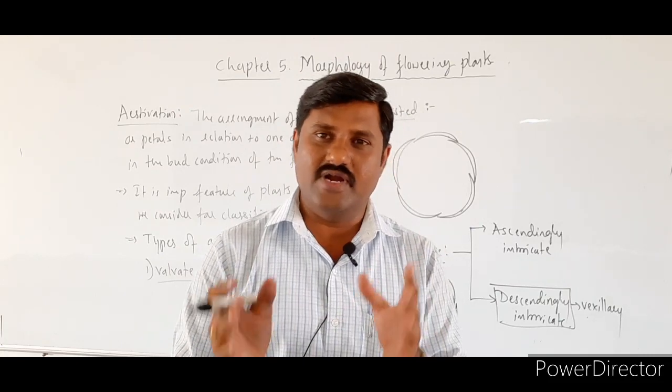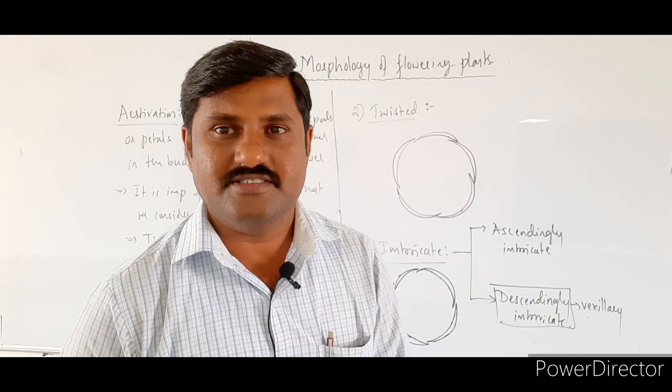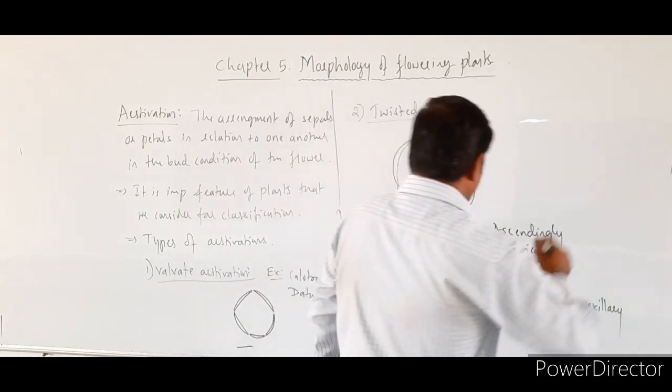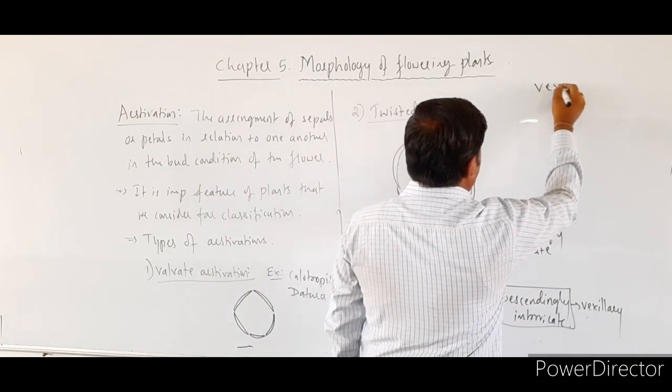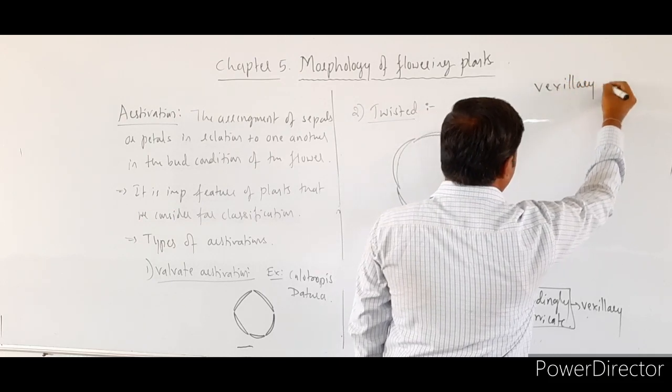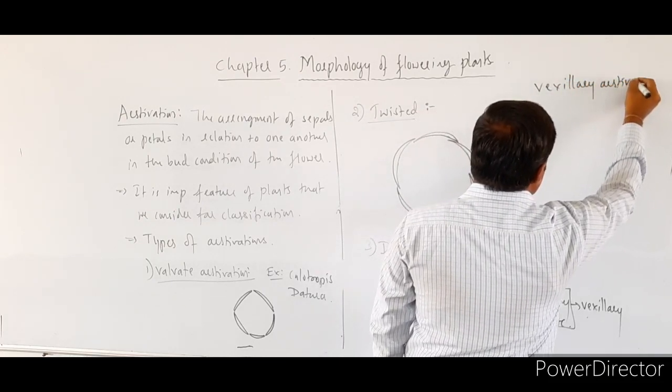Such kind of overlapping of these petals is what we come across. See here in the diagram. So, vexillary estivation.